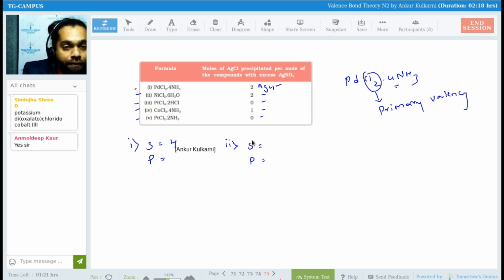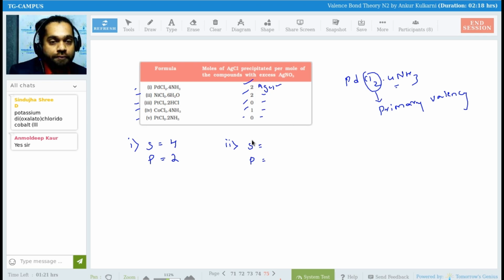So the secondary valency is 4, primary valency is 2. Basically, the number of moles of AgCl you get is your primary valency. The remaining, what is fixed over there, is your secondary valency. Are you getting it, everyone?